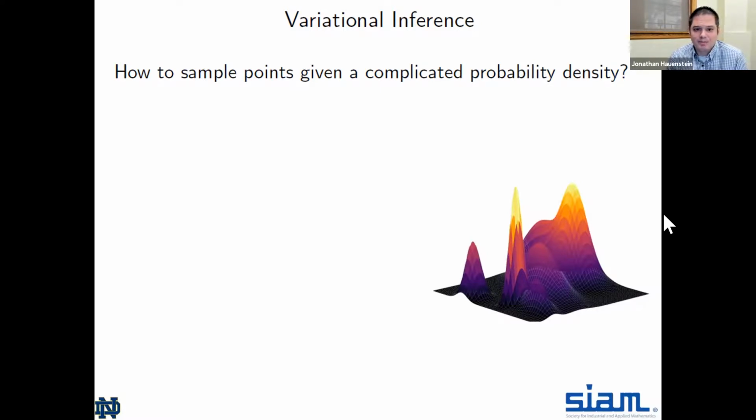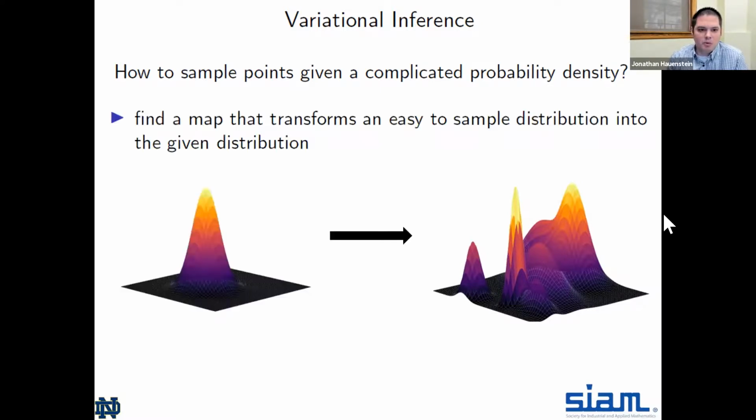That's a hard problem. So what people have proposed is they start with something easy, say a Gaussian distribution, and then they come up with a function that transforms this Gaussian, which is easy to sample, into this complicated one. So you transform from something easy to your complicated expression.